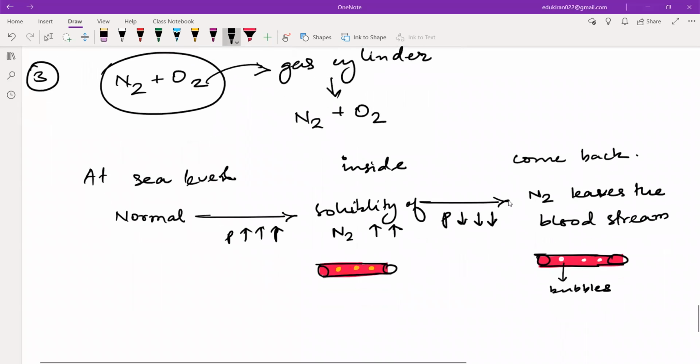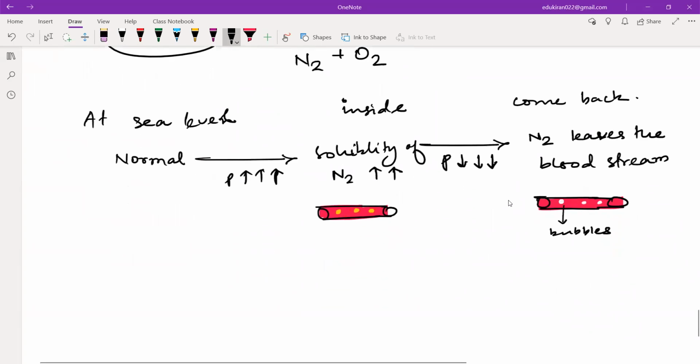Okay, so this is at sea level. Normally what happens? The solubility of N2 increases, and after when you come back, what happens? N2 leaves the blood and bubbles form. So we'll write that.